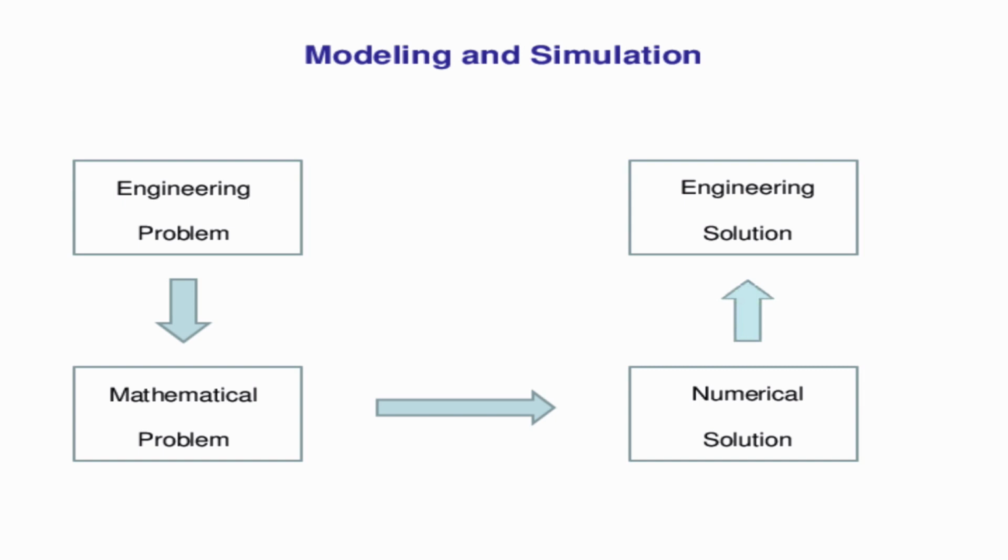We'll talk a little bit about how we're going to do it in this course today. But the primary concern of this course is this bottom section, learning how to turn the mathematical problem into the numerical solution. And then once we have a numerical solution, the rest is we have to use our engineering intuition and economics to take that numerical solution and make engineering decisions, decide, should we put that injector in or not?